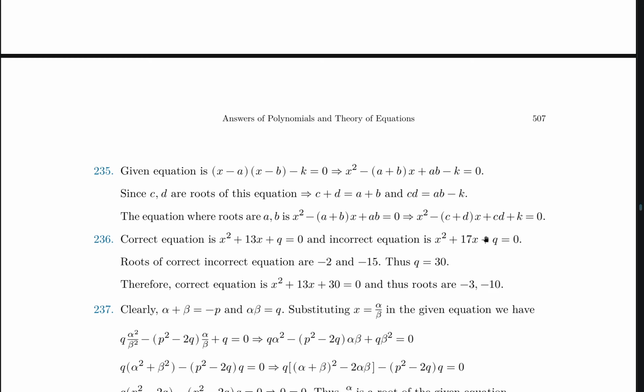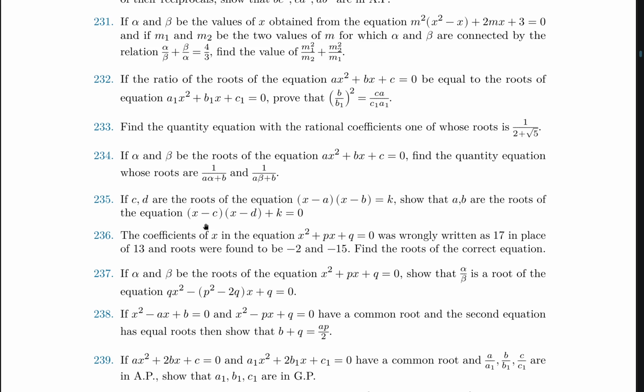So the product of roots in this case is correct, so q will be common in both equations. That's why we have written those as q. Because if q were incorrect, we cannot write q here. The question says only that the coefficient of x is incorrectly written. And that's how we arrive at the solution.